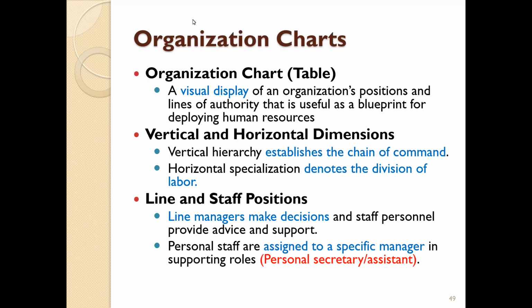Line and staff position: line managers make decisions and staff personnel provide advice and support. Provide advice. Think about that one a little bit. Because normally it sounds like people are satisfied in a company that some people just work and the other people think. Correct?